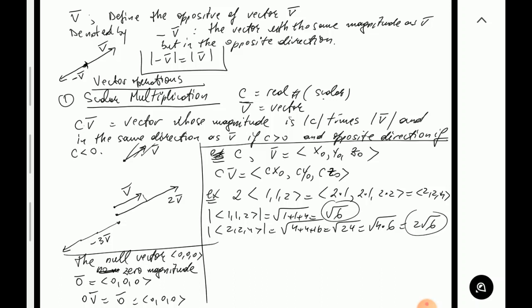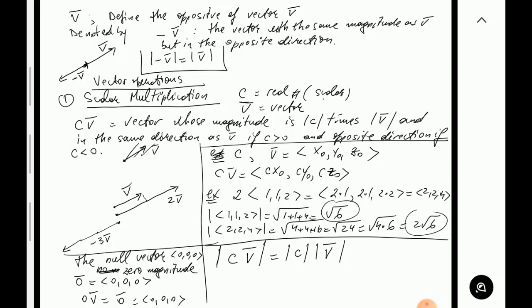The fact that C modifies the magnitude, again, we can state as a general rule. The magnitude of C times V, the scalar multiple, is the absolute value of C times the magnitude of V. Again, I can't emphasize this enough. Pause the video if you need to.